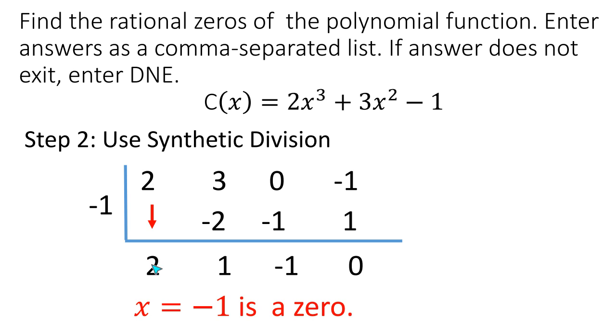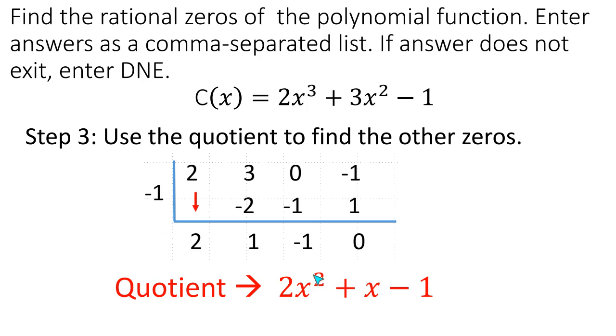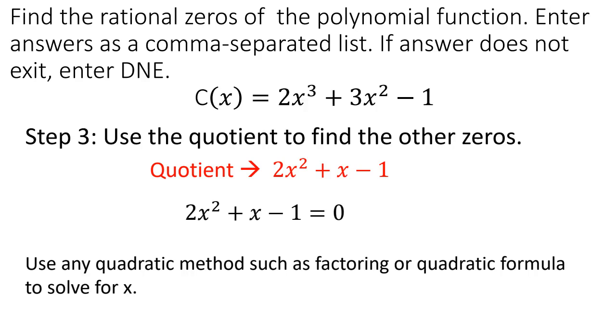And now I can take my quotient down here. So I started with x cubed. That means that the 2 is going to be the leading coefficient for 2x squared plus x minus 1. So now that this is quadratic, then we have some options.